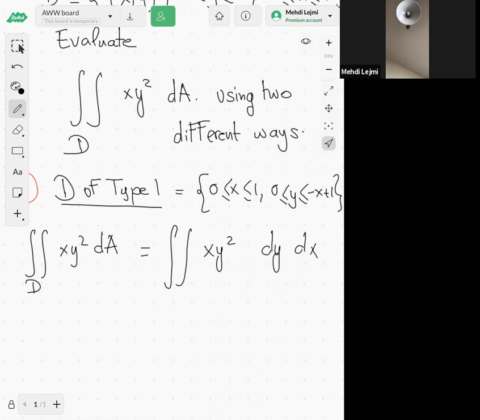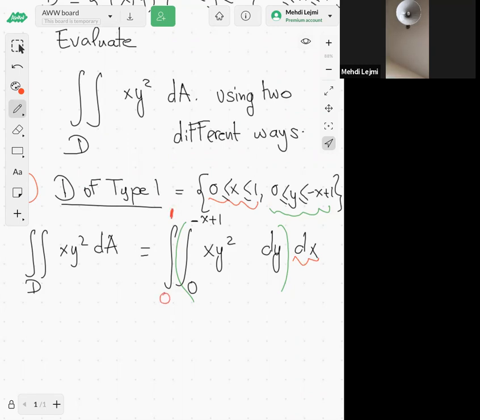That's because we said it's a type 1, right? So you start by integrating with respect to y first here. So your y is between 0 and minus x plus 1, and then the variable x is between 0 and 1. So here's my 0 and 1.